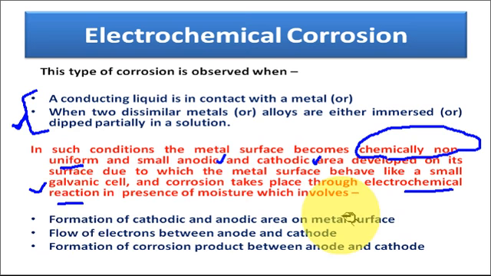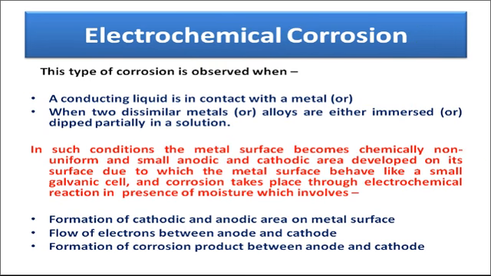That's why it is called electrochemical corrosion. So first you must remember that in any of these conditions, the metal surface becomes chemically non-uniform. As the metal surface becomes chemically non-uniform, anodic and cathodic areas form, due to which the corrosion reaction takes place through the electrochemical reaction. That's why it is called electrochemical corrosion.